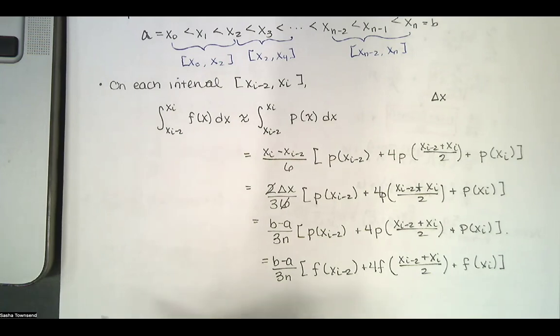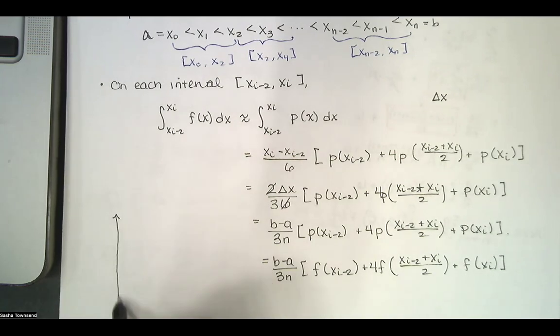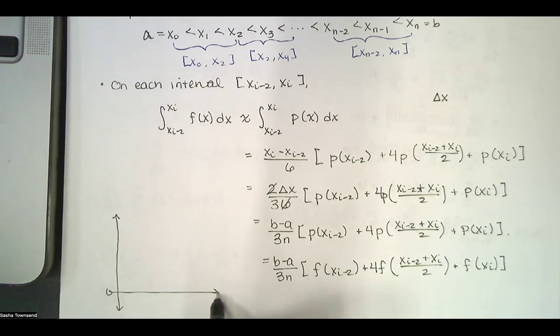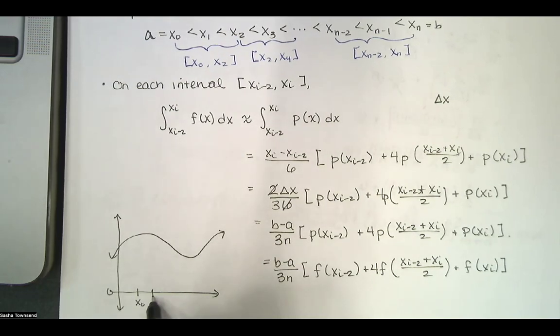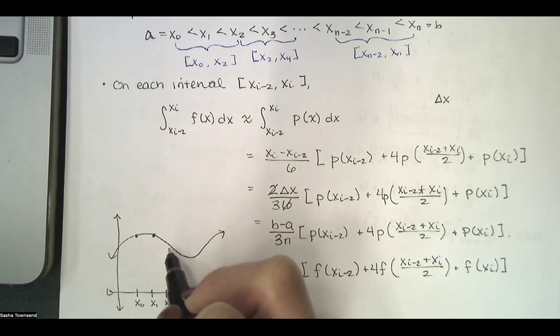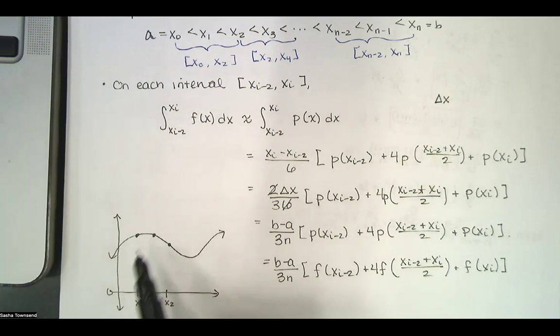Okay, so if we look at the graph now, here's x0, x1, x2, and so on. We're going to find a quadratic polynomial that passes through those 3 points.